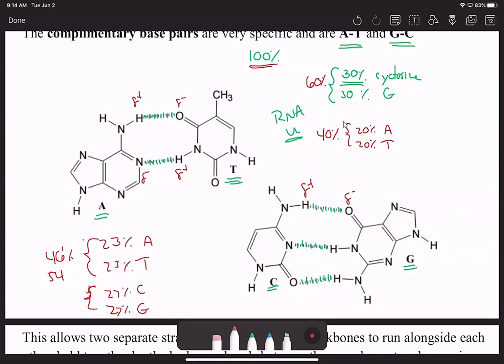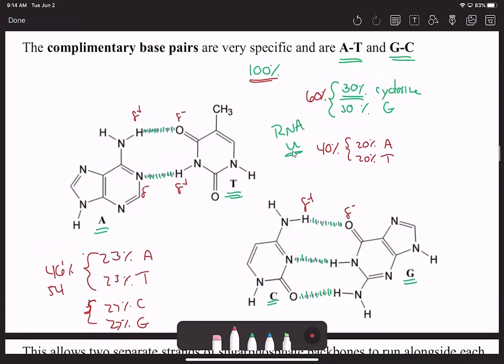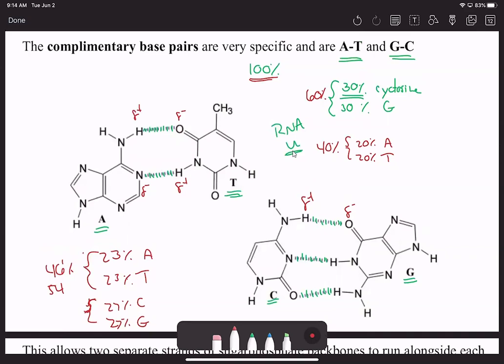My math good? I think so. Yeah. But this is how we determine the percentages of each one if we're only given one of the percents, because of this very specific nature in which they do hydrogen bonding.